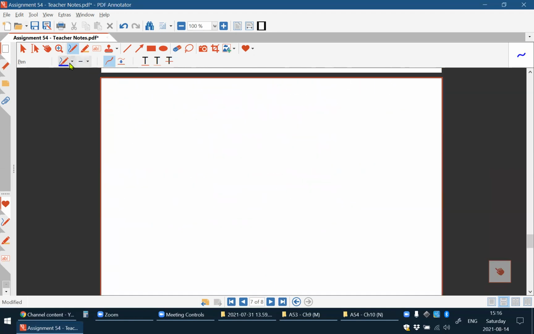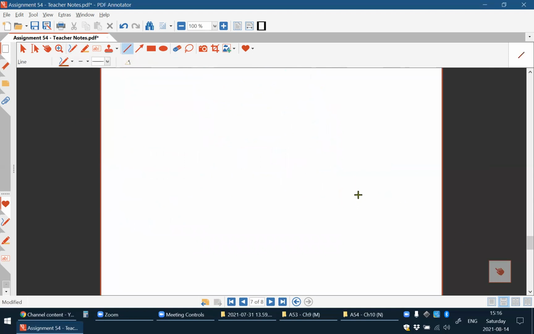Okay, so now let's draw the first line on the 2D Cartesian plane.